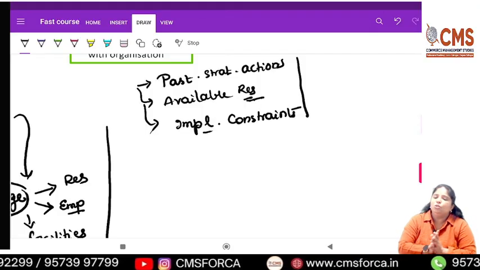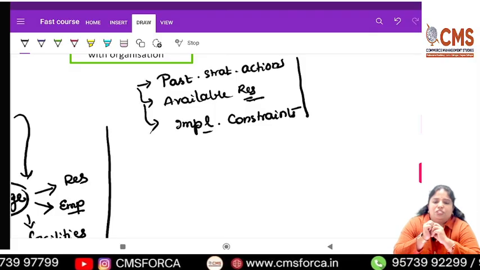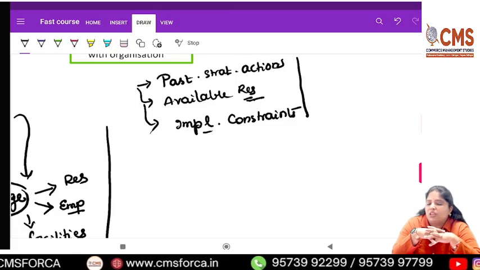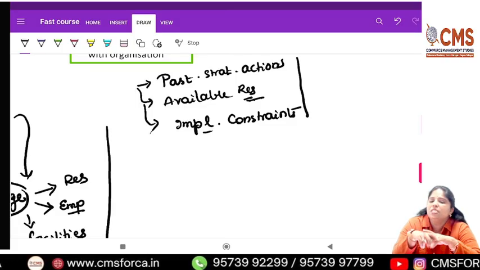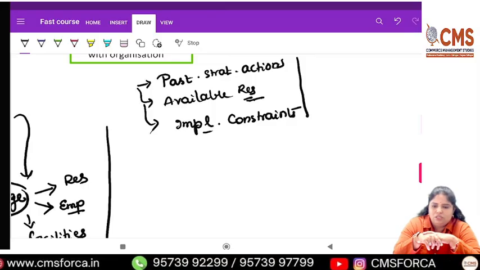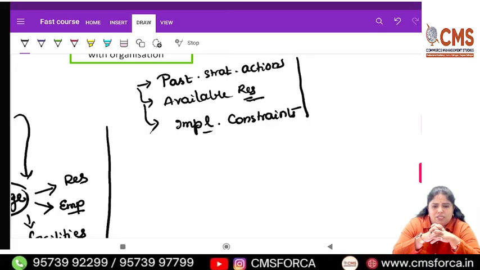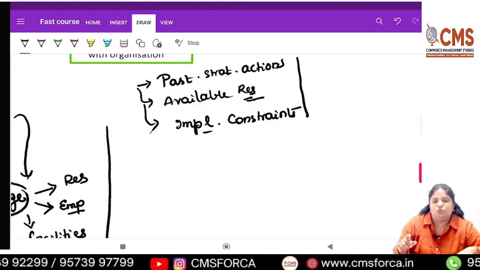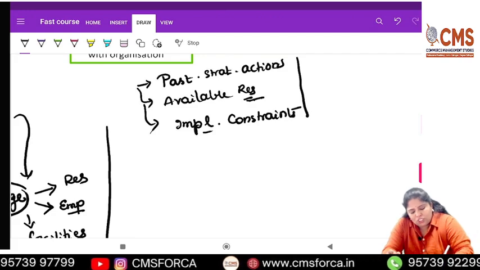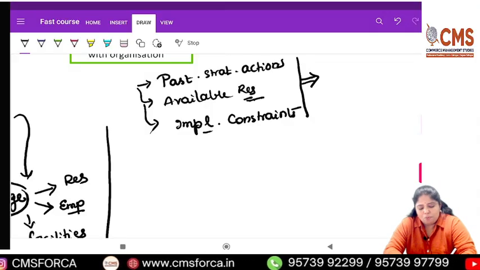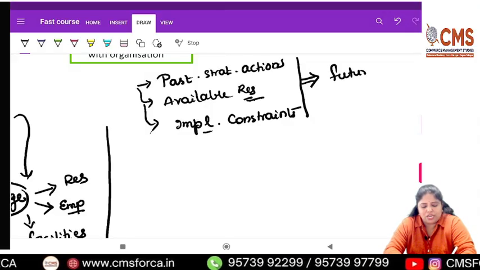Now, let me tell you one thing. Any strategy which demands massive change in the organization is not considered a good strategy. So based on this information, they will try to make their future strategic choice.